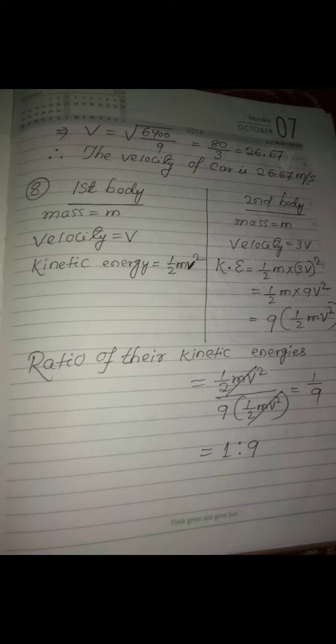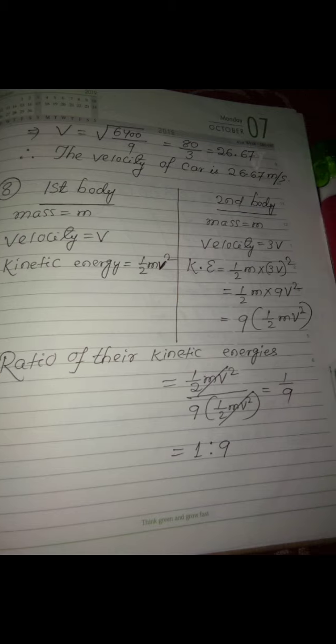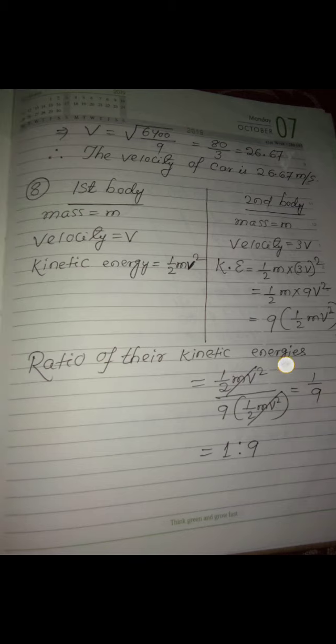That is half into m into 9v square, or you can say 9 into half mv square. So the ratio of their kinetic energy is half mv square by 9 into half mv square. Half mv square cancels. 1 by 9, that is 1:9. So you can say that the ratio of their kinetic energy is 1:9.